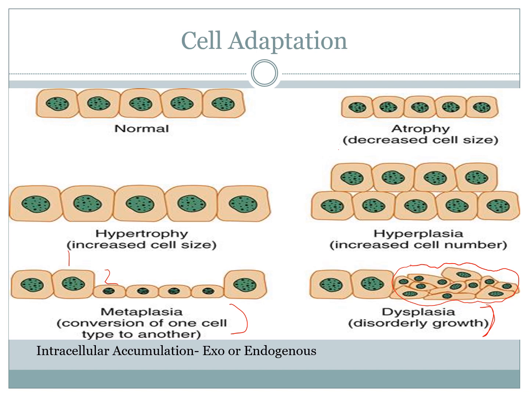So smokers, people that work in coal mines, is a classic example of an exogenic material that causes cellular adaptation. And that's where the macrophages within the lungs eat the coal, eat the carbon-based gases that are being brought in, and then end up dying and tarring the lungs. So the tissues of the lungs get a black appearance, and that's intracellular accumulation.